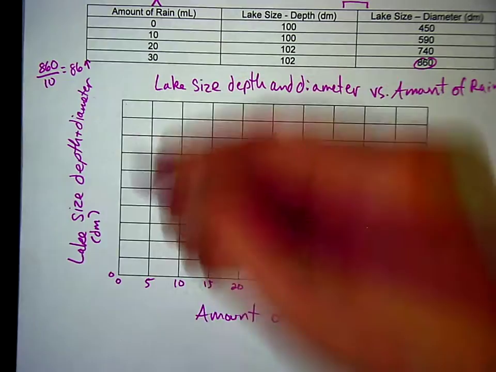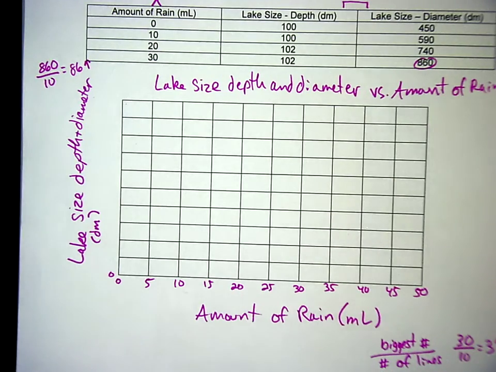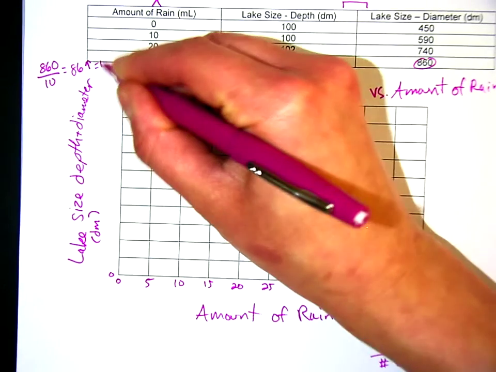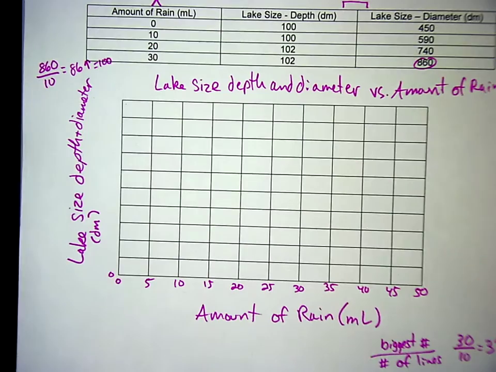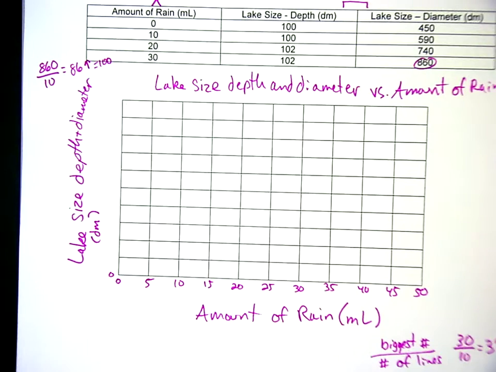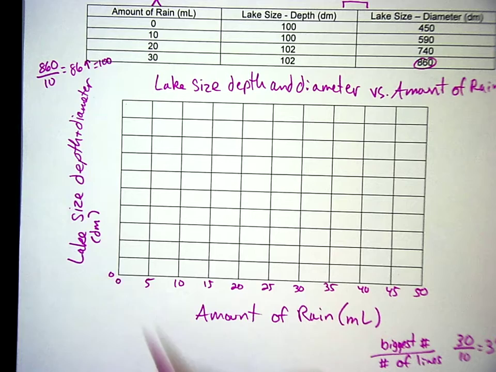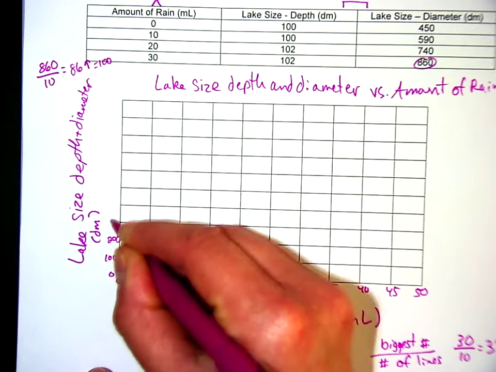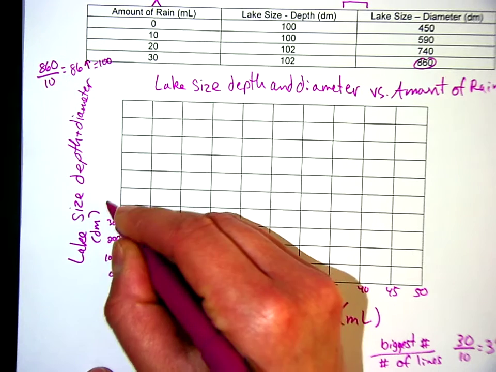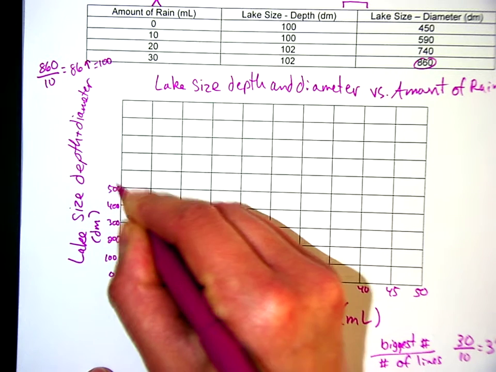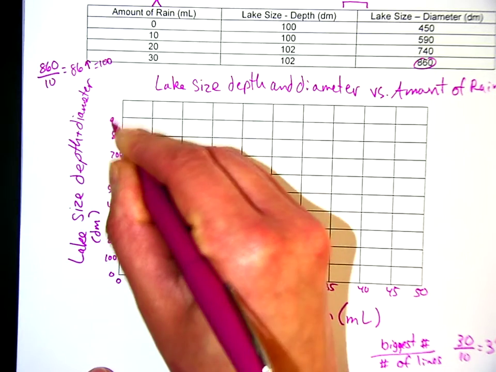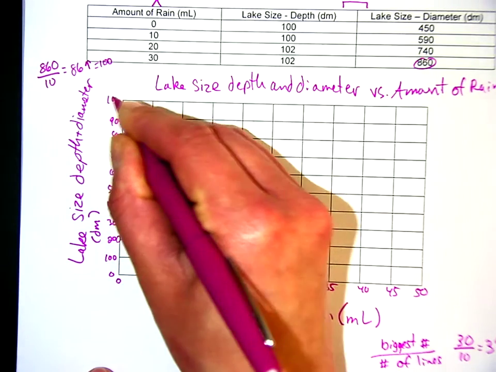The number that's easiest to count by, closest to 86 and bigger than it, would be 100. So every line is now worth 100. We're going to count by hundreds as we go up: 100, 200, 300, 400, 500, 600, 700, 800, 900, and then 1,000.